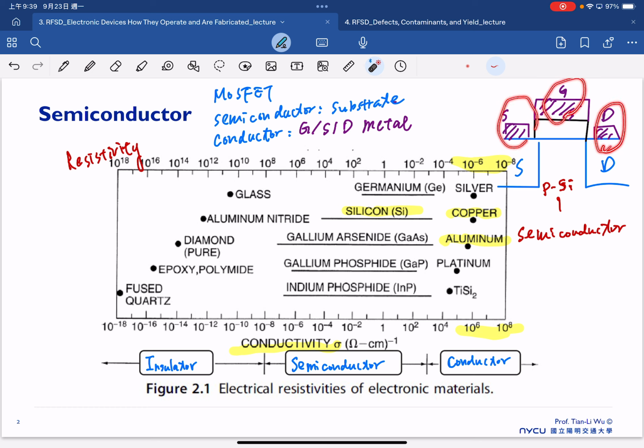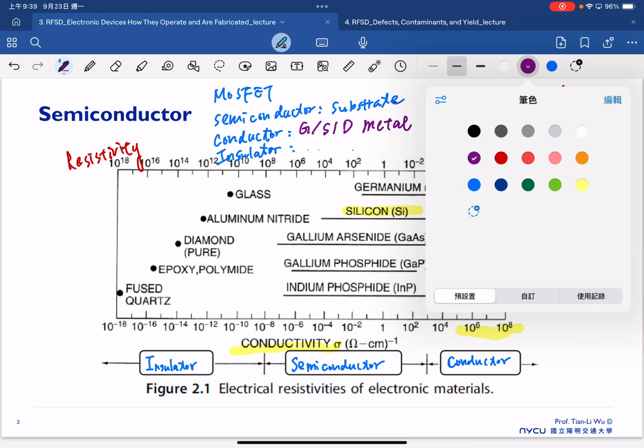And especially, we prefer to use some very special metal that can give us a very low resistivity, because we want to have very high conductivity. We want to reduce the resistance in the metal. And also, we will use the insulator, which in this case is a dielectric.